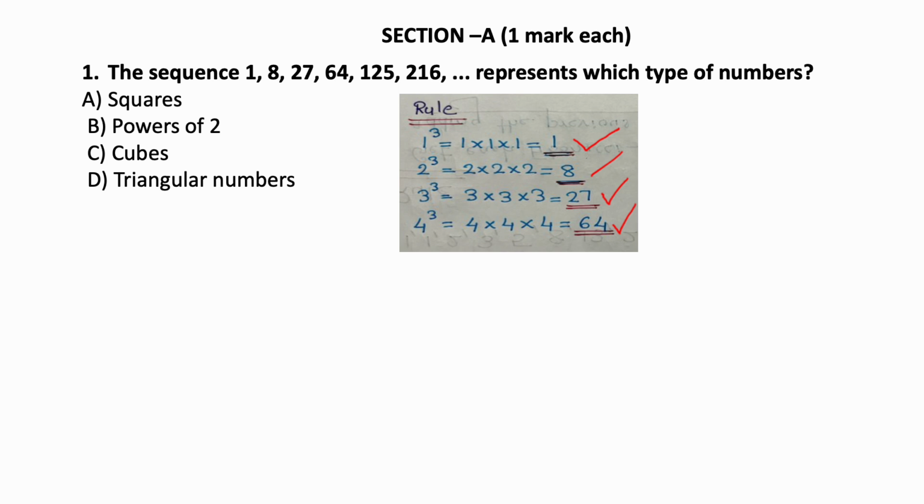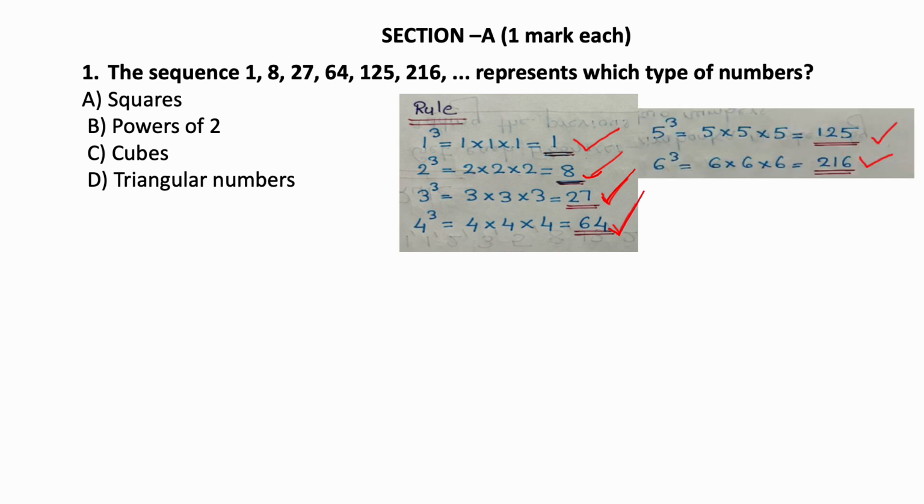What is 2 cube? 2 into 2 into 2, that is 8. Then, what is 3 cube? 3 into 3 into 3, that is 27. Then, 4 cube is 4 into 4 into 4, that is 64. Similarly, 5 cube is 5 into 5 into 5, that is 125. Then 6 cube is 6 into 6 into 6, that is 216.